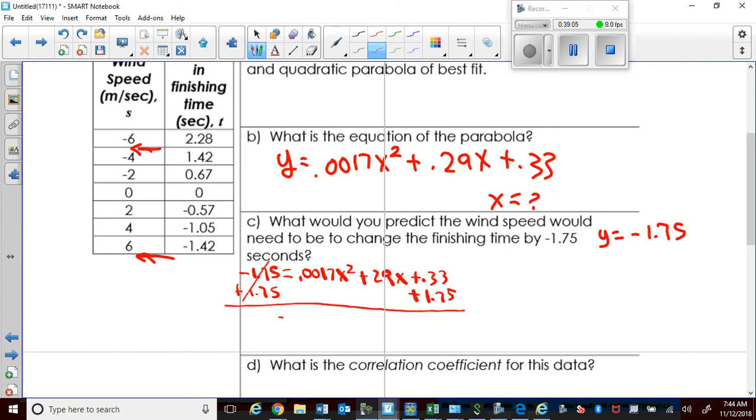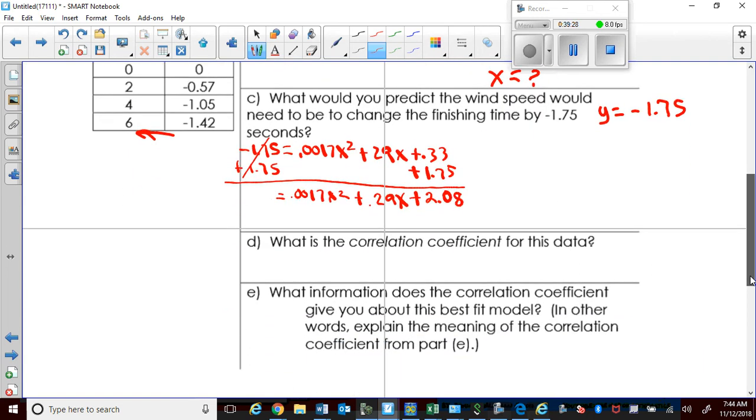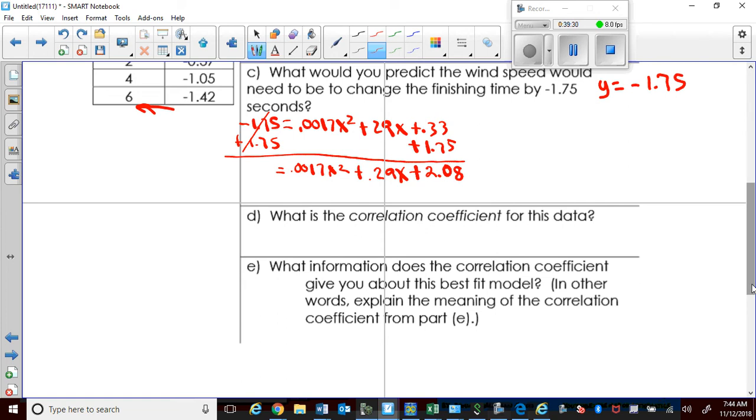And I get 0 equals 0.017x squared plus 0.29x plus 2.08. Okay? Now we're going to use the quadratic formula. I'm going to use the margins of this document, and I hope that you would too, in order to get our x values.